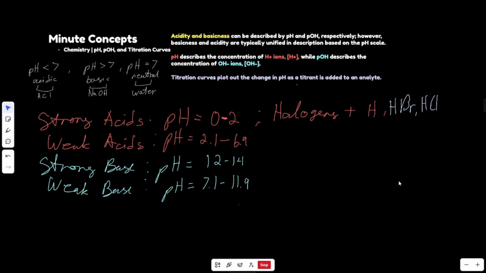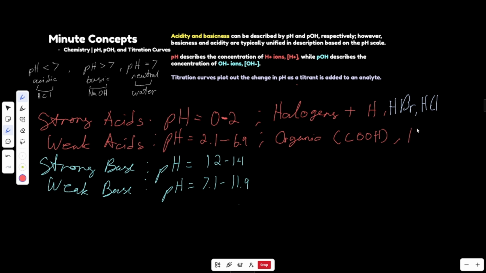Now, for weak acids, it's given by organic acids such as acetic acid. So if it's organic or it has a COOH group, that's called carboxylic acid. If it has an organic group, then that's a weak acid.